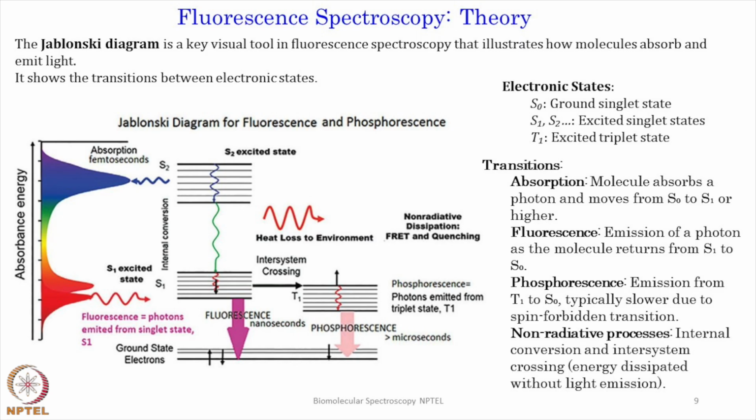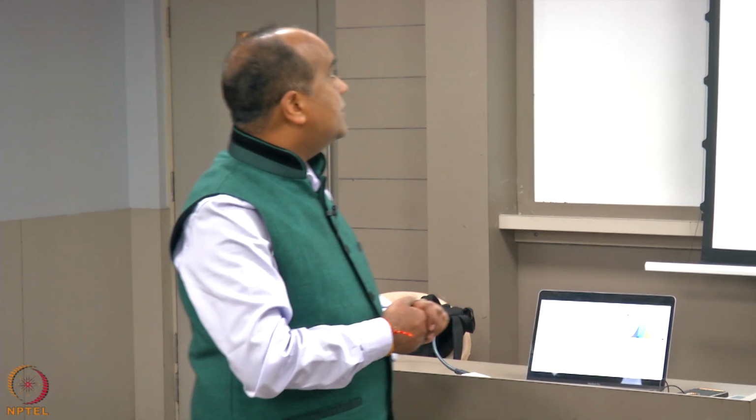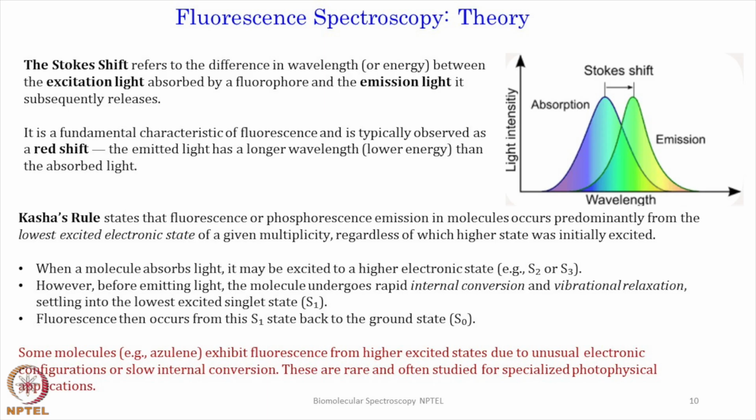If the spin goes like this, it is allowed, but if it flips, I will not say it is not allowed, but it is spin forbidden, it takes time, and that is why it is a delayed process, right. So, that is inter-system crossing. It is also possible that energy dissipates without giving any radiation. Is that okay?